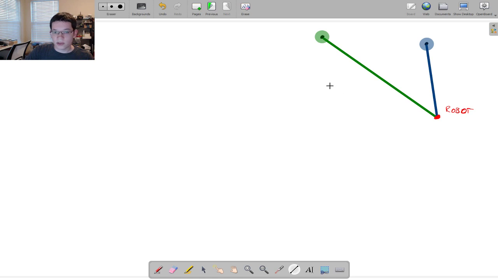And for each one of these, we have some observation, azimuth, and elevation angles, off of a true bearing.